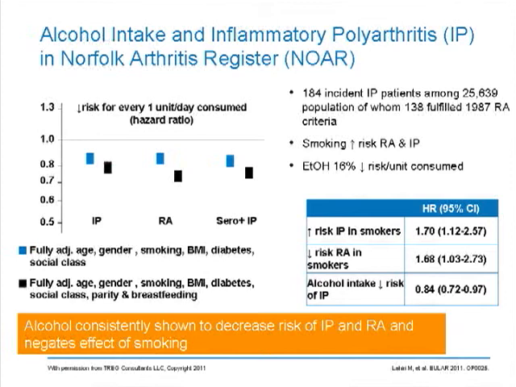And they found, as has been found in multiple other studies, that smoking increases the risk of rheumatoid arthritis and inflammatory polyarthritis, but alcohol decreased the risk 16% per each unit consumed per day. So if we look at the hazard ratio, the hazard ratio is 1.7 in smokers. There is a decreased risk of RA in smokers who drink alcohol to a little extent, but alcohol intake truly decreases the risk.